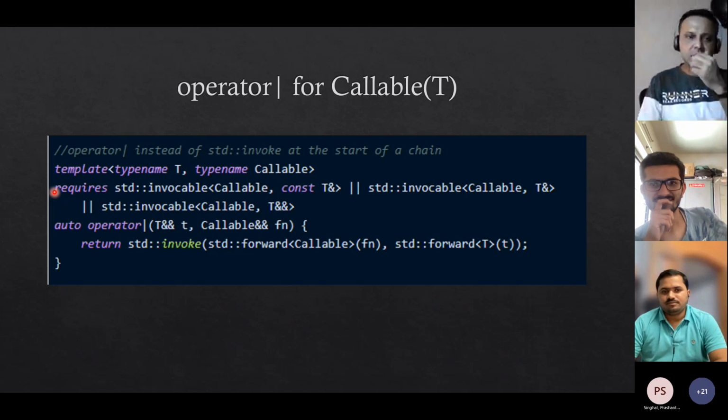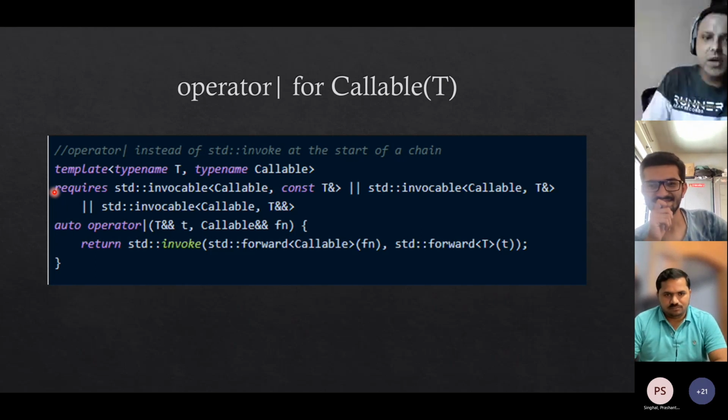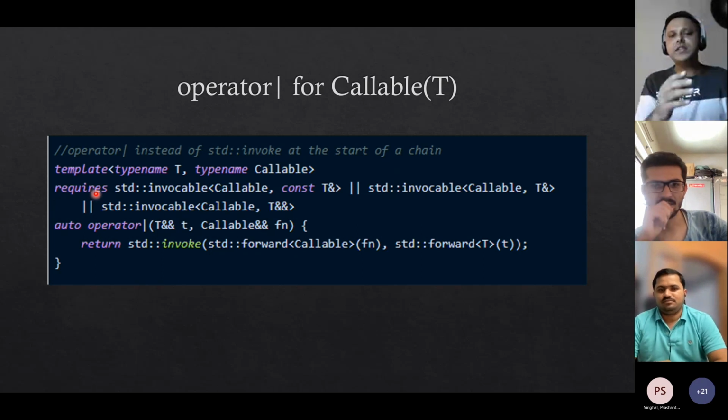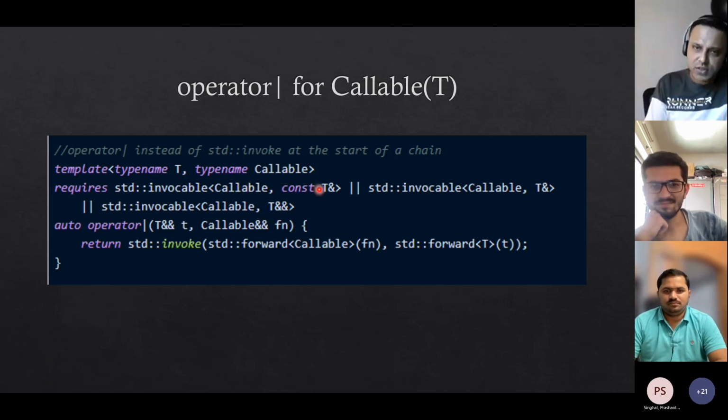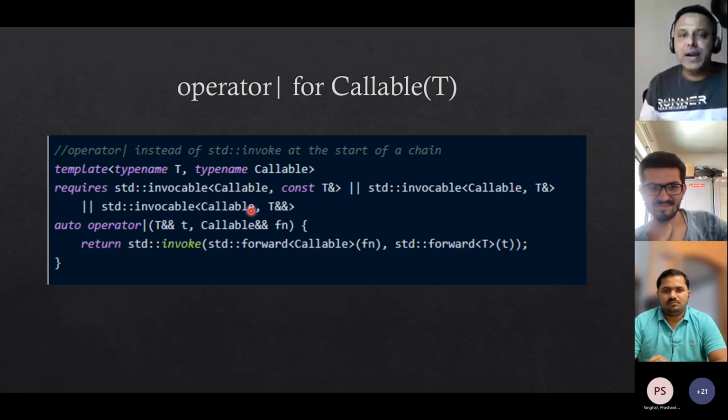This is a C++20 concept, where it allows you to put some constraints on when this function is applicable. And this is putting a constraint that callable should be invocable with const T or with T ref. So I just want callable to be able to handle the T.